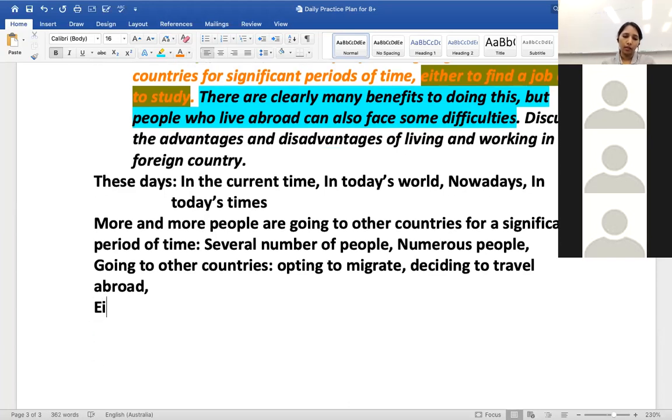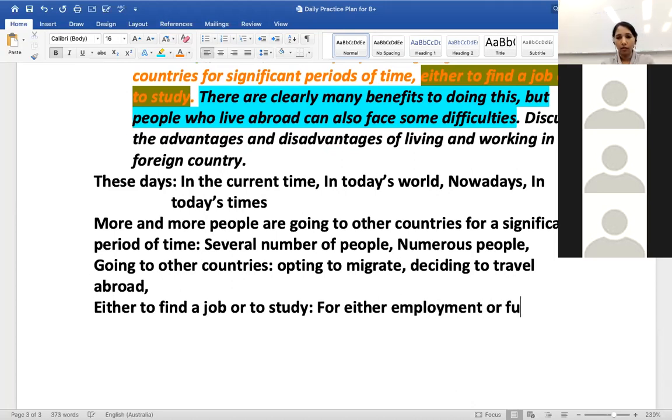So either or to study, this will become either or for either employment or higher education.